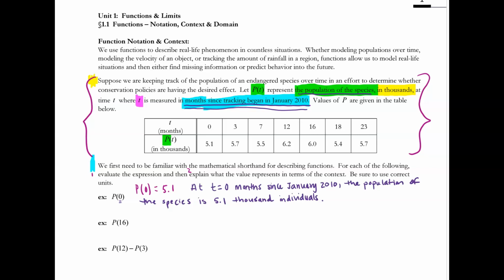All right, for the second example, P of 16, again for that evaluating piece, P of 16 equals 6.0.